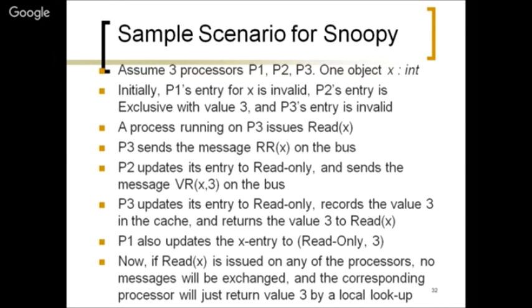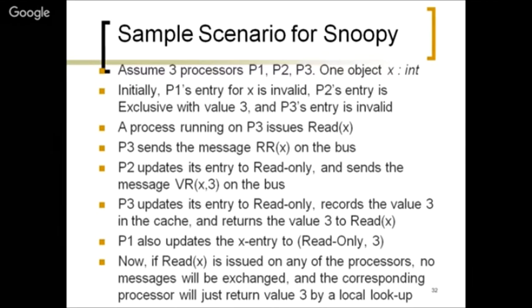A process running on P3 issues a read, because P3 is in the invalid state. In the last slide I discussed that if it is invalid, then it must go for the read case. So it will issue the read, then send the message. Once it reads, it will be responded to by the VR message: a read request must be followed by the value response.